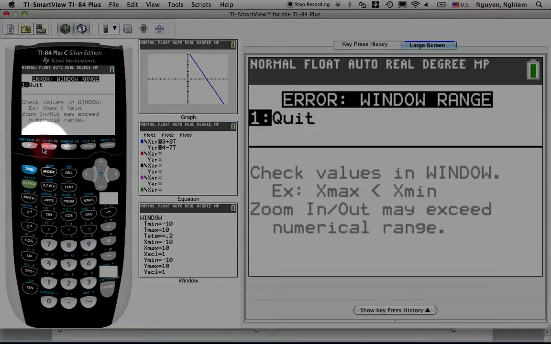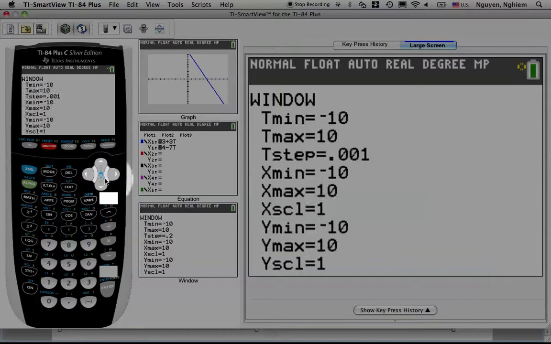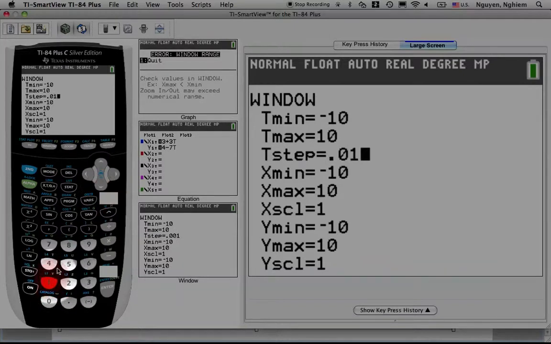whoops, what did I do here? Let's see here, window. Oh, maybe I made my t-step too small. So we'll go 0.01 instead.